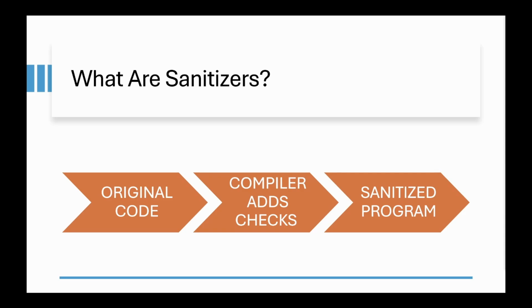And in this graphic here, you can see that we take the original code, it goes into the compiler to add checks, and if the program violates any one of these conditions from these checks, then the sanitizer will report the error. And ParmeSan is utilizing the locations of these checks as potential targets for fuzzing.